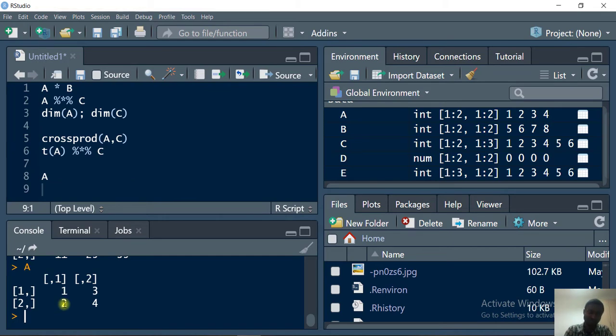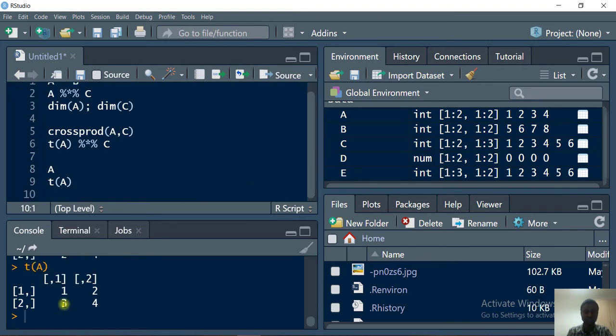So to take the transpose of A, it's simple. In R, you just press T, and then you put the matrix as the only argument, so you say A. If I run this, you will see what is happening. The transpose of A is 1, 2, 3, and 4. So the row turns to the column, and the column turns to the row. That is just what is going on when you take the transpose of a certain matrix.